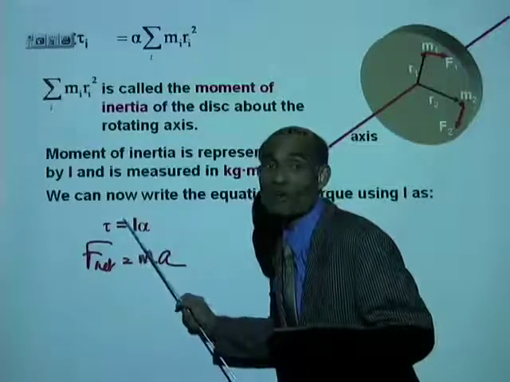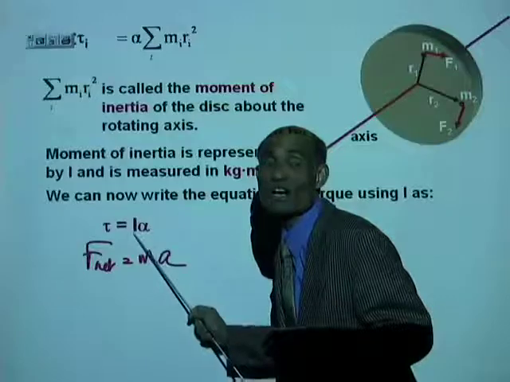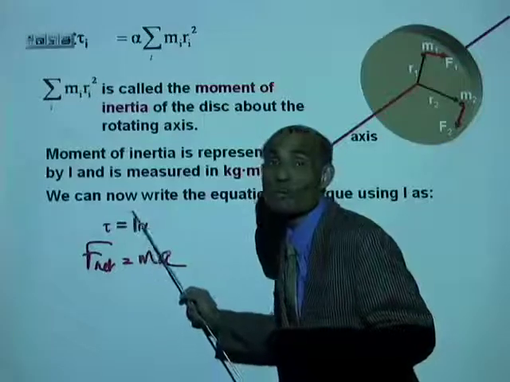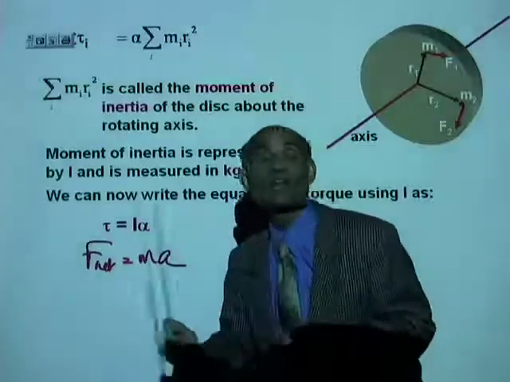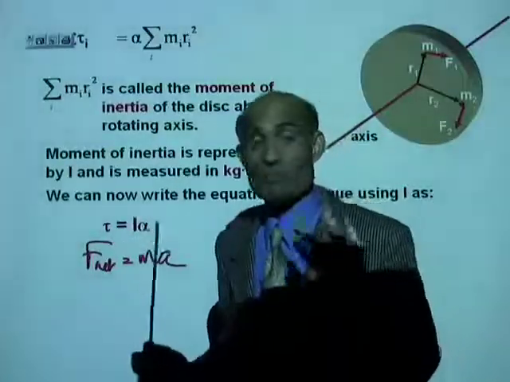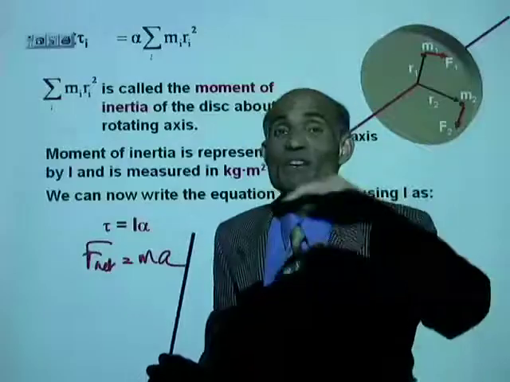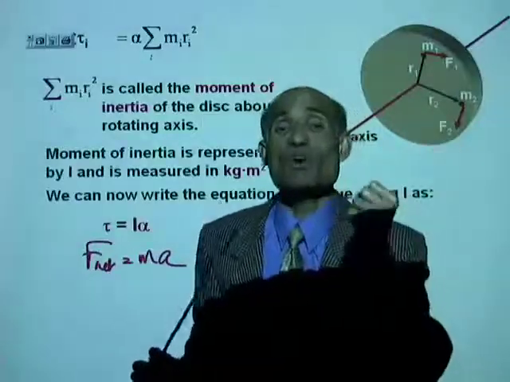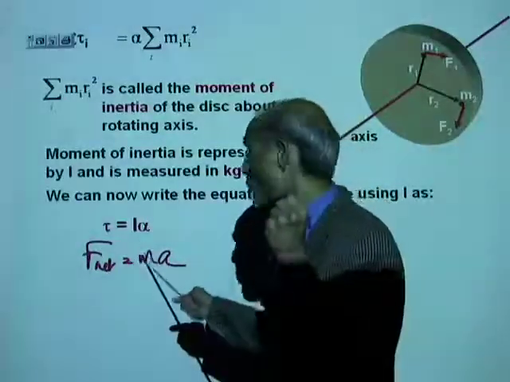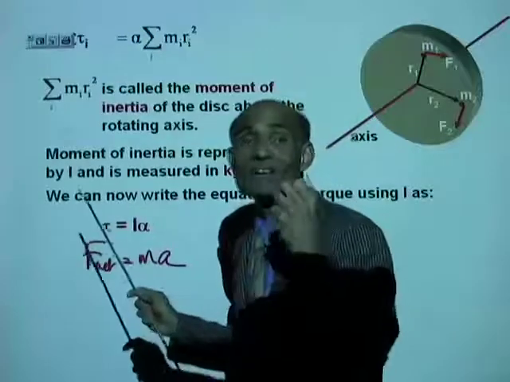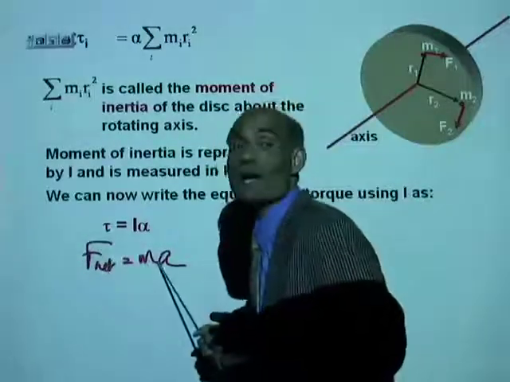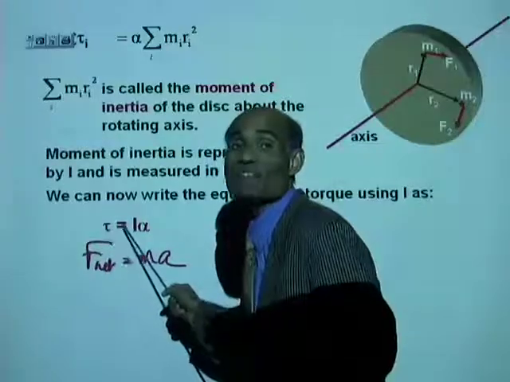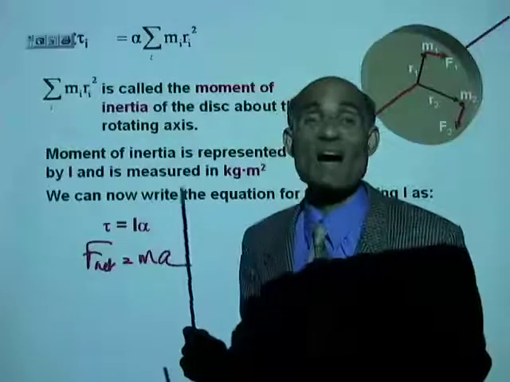And therefore, this moment of inertia for rotation corresponds to mass in linear motion. You see that? The moment of inertia in rotational motion is a quantity that corresponds to mass in linear motion. F net equal to ma, tau net equal to I alpha.